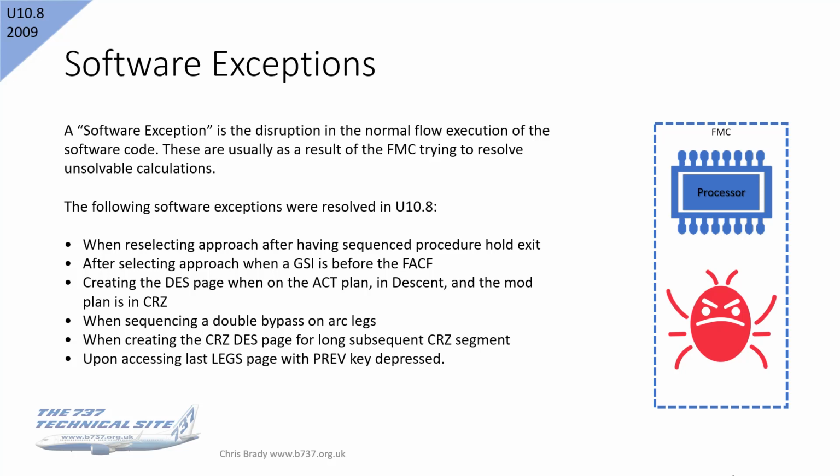I'll try and give you a simple example: dividing something by zero. You can't divide by zero. That's an unsolvable calculation. There are dozens more, and if you're interested, go Google it. It's stuff that'll make your head explode. Well, anyway, it makes the FMC explode as well.